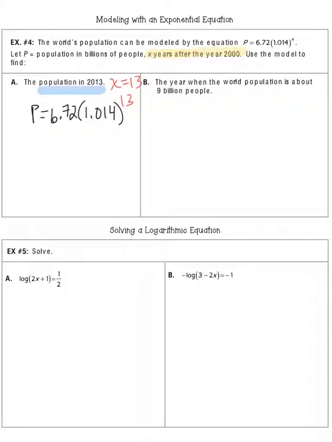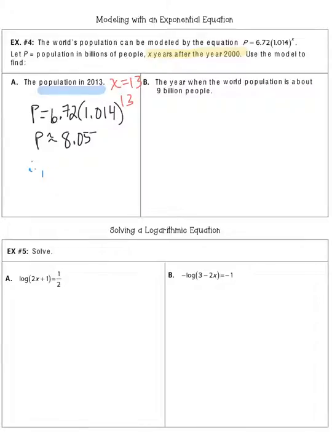And we get approximately 8.05. You need to ask yourself, is a decimal appropriate in this situation? And since P is population and it's in billions, 8.05 billion seems reasonable. So answer the question.